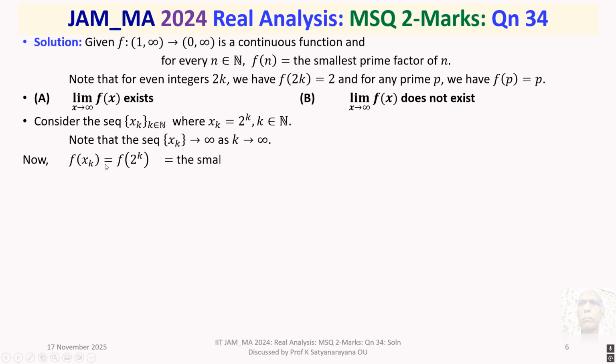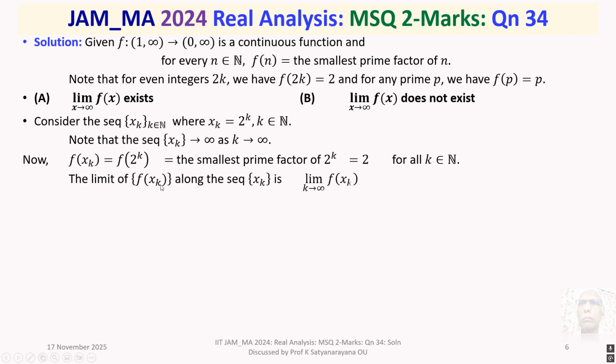Now f of xk is f of 2 to the power k, which is equal to the smallest prime factor of 2 to the power k, that is equal to 2 for k belonging to n. That is, the limit of f of xk along the sequence xk, as k tends to infinity, is 2.